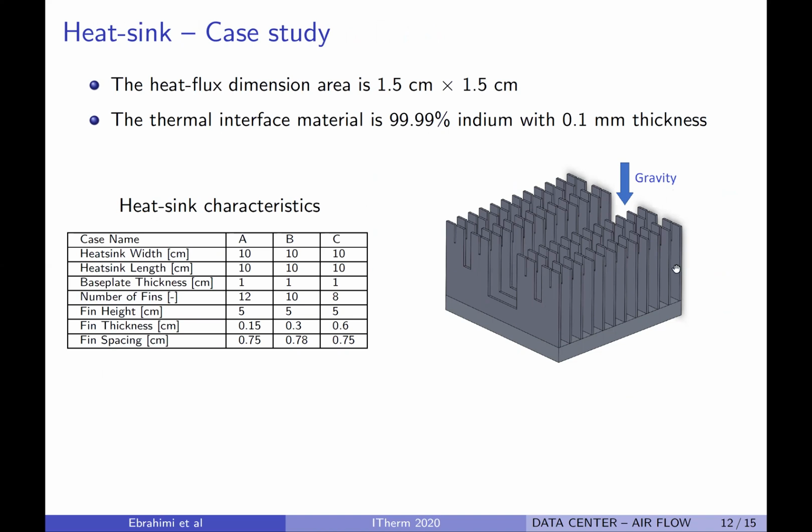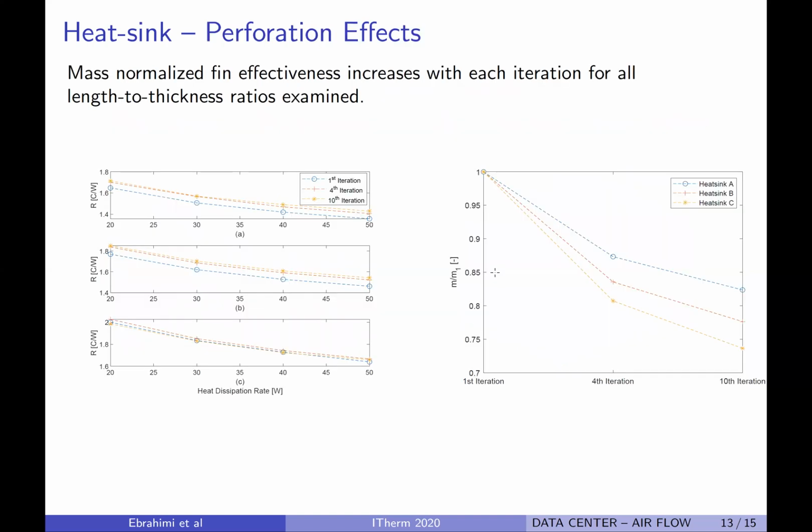So we optimize the number of fins based on the 50-watt heat flux. The ambient temperature was 20 degrees centigrade, and we assume that the heatsink is placed horizontally. The heat flux dimension is 1.5 by 1.5. The thermal interface material is indium with the conductivity of 80 watt per meter Kelvin. The heatsink material is aluminum 6061.